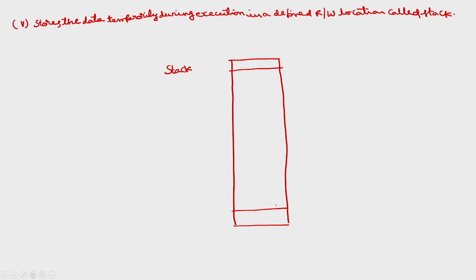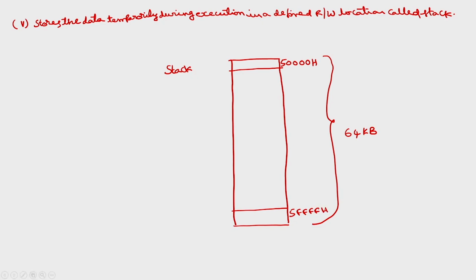Let us assume that there is a 64 kilobyte stack segment. If the starting address is 50000H, the ending address will be 5FFFFH.